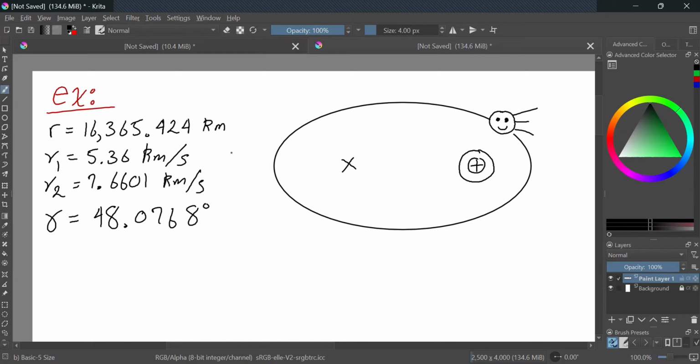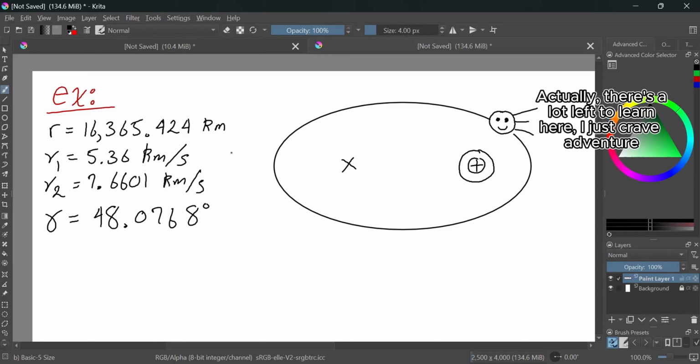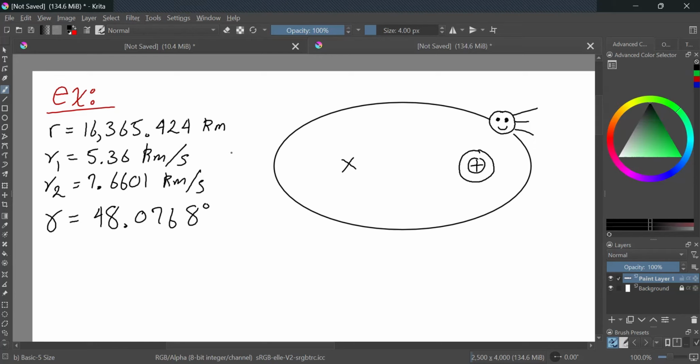But Sputnik has decided that there's really not much more to learn from a closed loop system around the Earth like this. So with that in mind, they have accelerated through means scientific or magical, doesn't matter at this point, to a speed of 7.6601 kilometers per second at an angle of 48.0768 degrees.